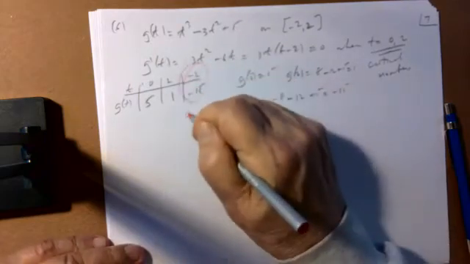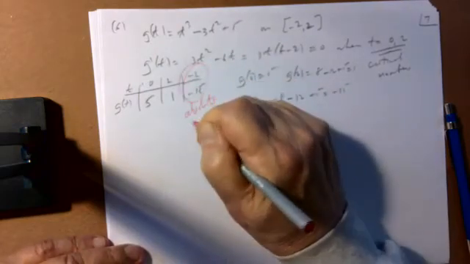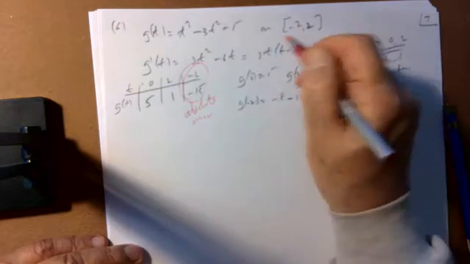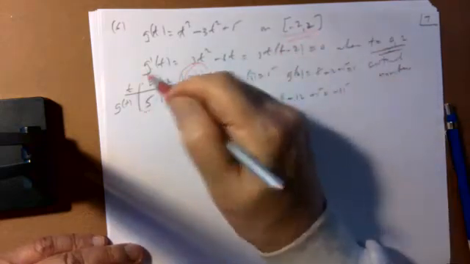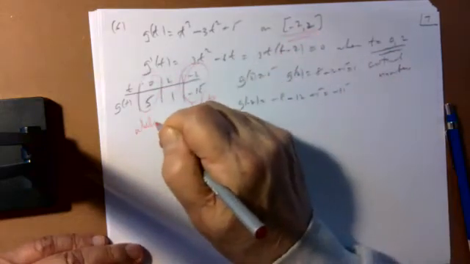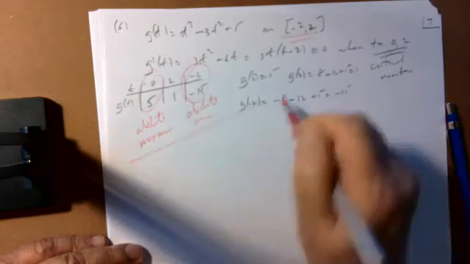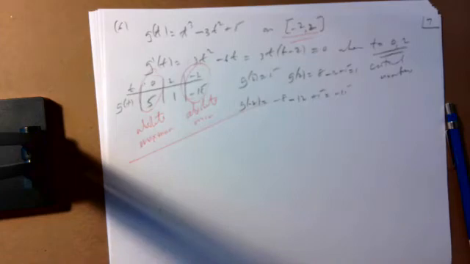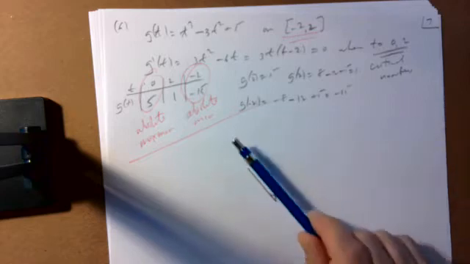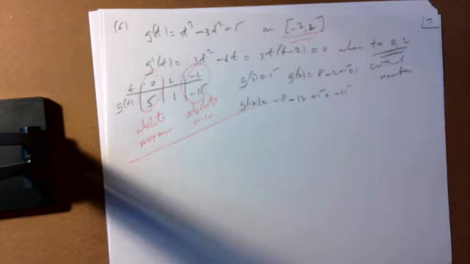So this is the absolute minimum on the interval from -2 to 2, and this is the absolute maximum. The absolute minimum happens to occur at an endpoint, and the absolute maximum occurs at this point inside of the interval where you have a critical number.